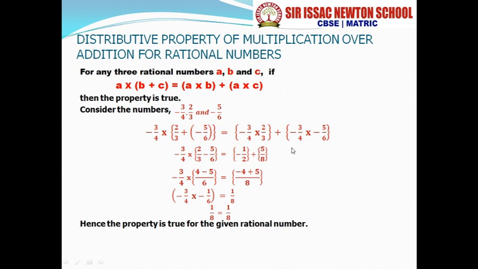So 5 by 8. Before we add these two numbers, make the denominators equal. For 2 and 8, the LCM is 8. So to make this 2 as 8, multiply it by 4. So minus 1 into 4, which is minus 4, plus 5. So minus 4 plus 5 is 1. So 1 by 8. Our LHS is equal to RHS. Therefore, we say the distributive property of multiplication over addition is true for these rational numbers.